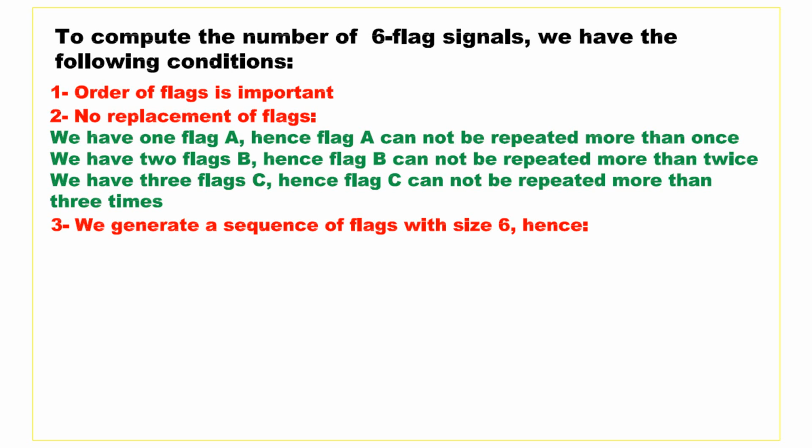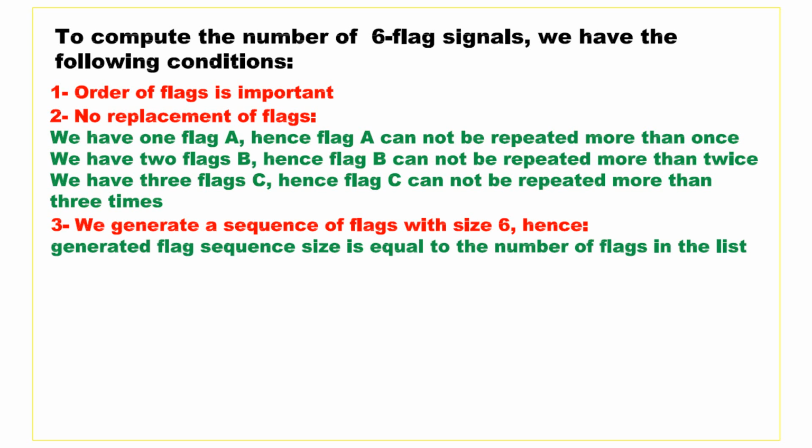That will be a totally different formula, as we will see later. And therefore we say that the generated flag sequence size is equal to the number of flags in the list. So we have a list of 6 symbols and the generated sequence is composed of 6 symbols too.